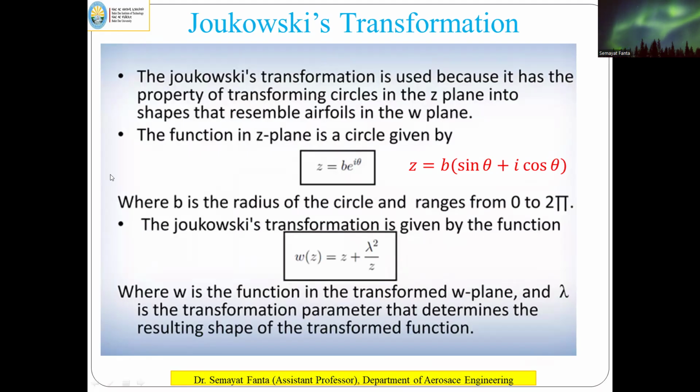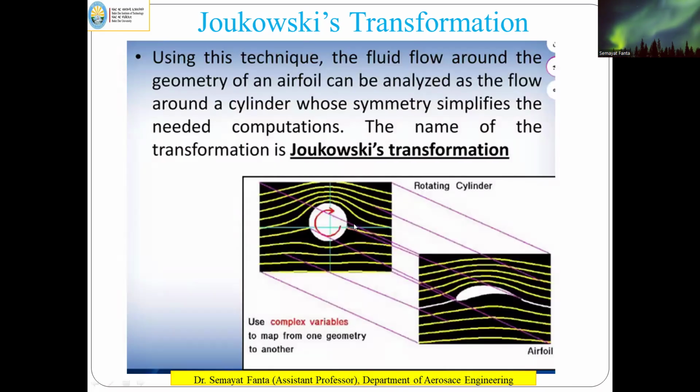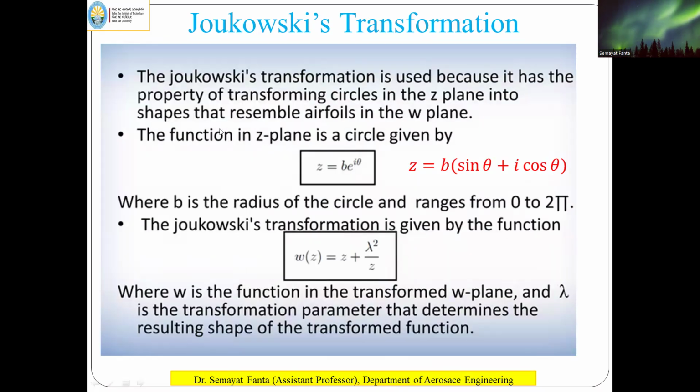The function in the Z plane is a circle, so here it is a circular object. The circle is given by z equals b times e raised to i theta, which means z equals b times cos theta plus i sin theta, where b is the radius of the circle and theta ranges from 0 to 2 pi.